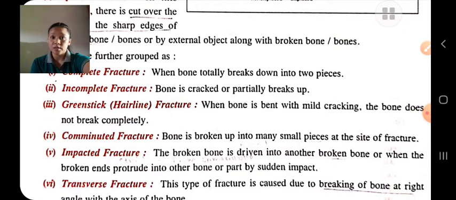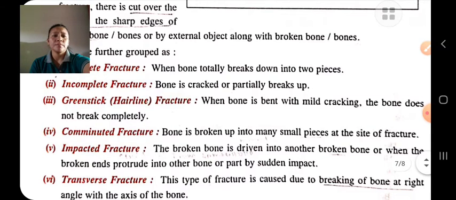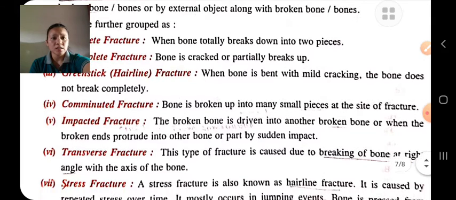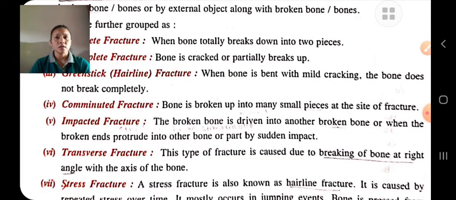Greenstick fractures means the bone is bent, with a mild cracking of the bone. Comminuted fractures: the bones break into many small pieces at the site of fracture. Impact fractures: the broken bones slide over another's broken bones.